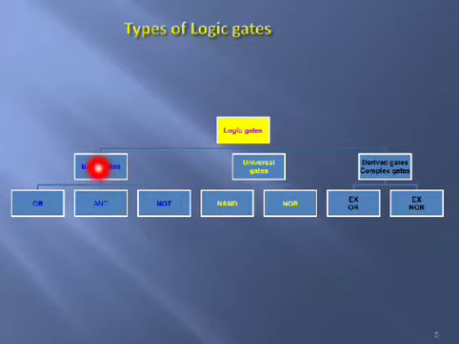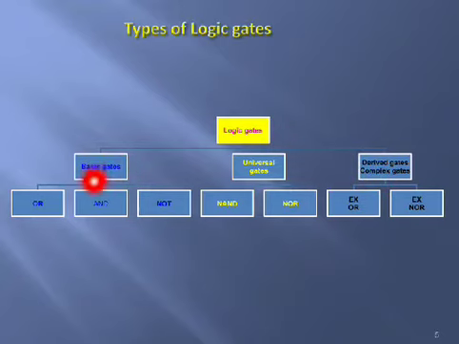And again, basic gates are classified into three types: OR gate, AND gate, NOT gate. Universal gates are classified into two categories: NAND gate and NOR gate. And derived gates are also classified into two categories, XOR and XNOR. So overall, logic gates are classified into three categories: basic gates, universal gates and derived gates.